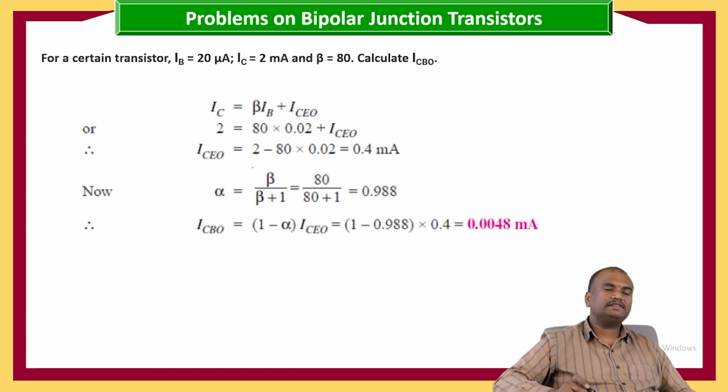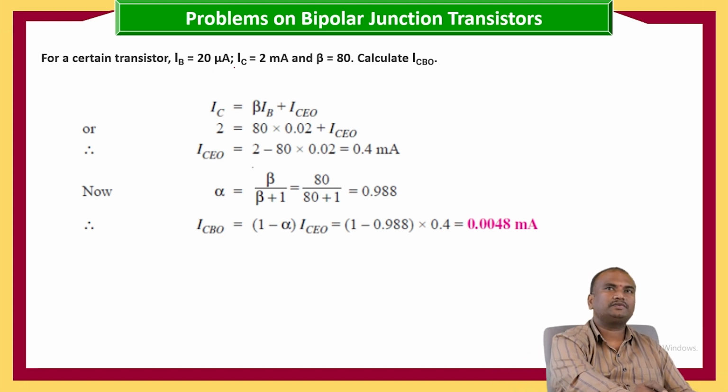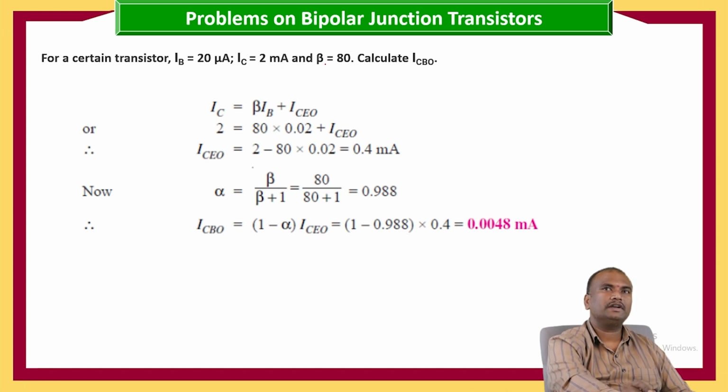For a certain transistor, the base current is 20 microamperes, collector current is 2 milliamperes, and beta is equal to 80.